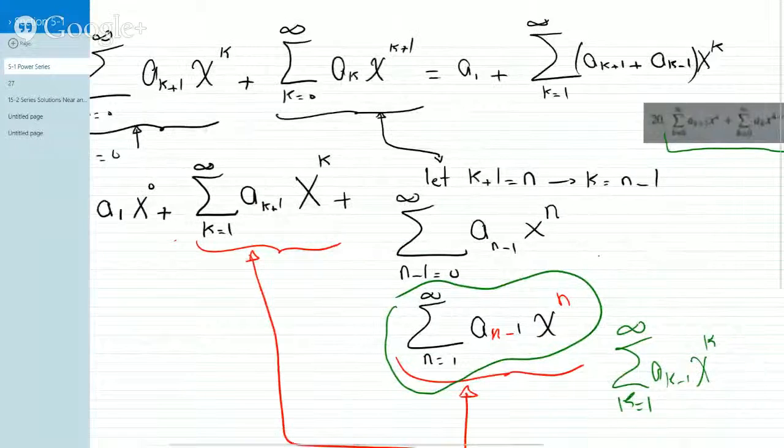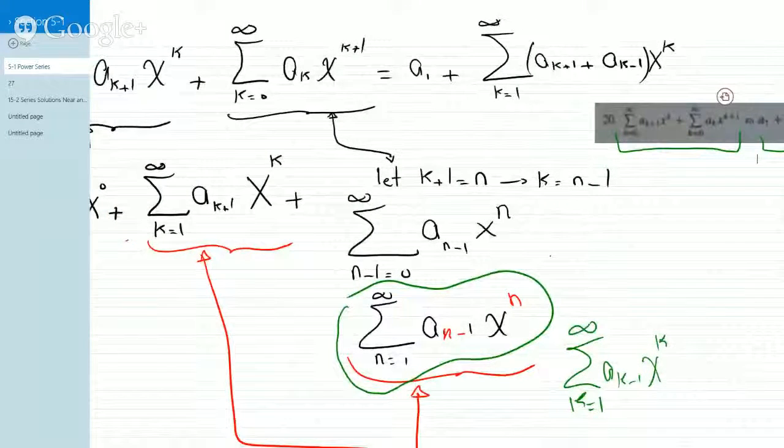Now, for the second series, I shifted the index of the power. I said I'm going to let k plus 1 equal some integer n, which makes k be n minus 1. I went into the series, and wherever there's a k, I replaced that with n minus 1. So x to the k plus 1 became x to the n, and a of k became a of n minus 1.